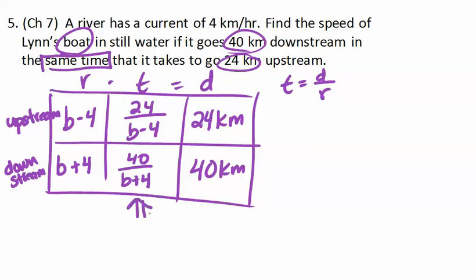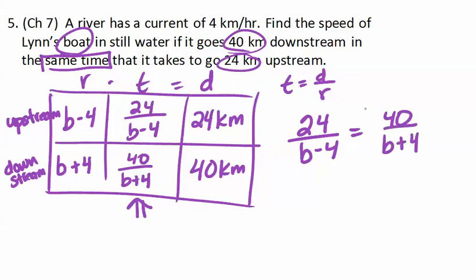So the 3rd column we fill in is always the one that we use to write our equation. So we know that these 2 times are exactly equal. This looks like a proportion, so our tendency is to say cross multiply, but really we're multiplying both sides by the denominators. So 4 times 24 is 96.